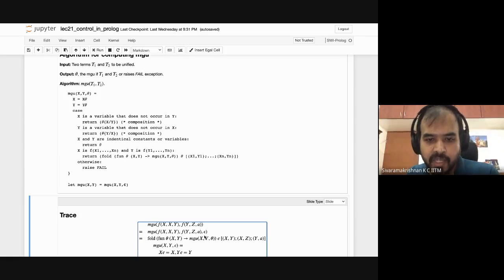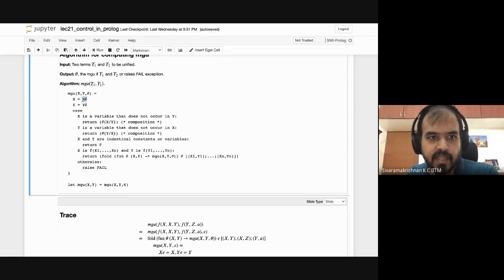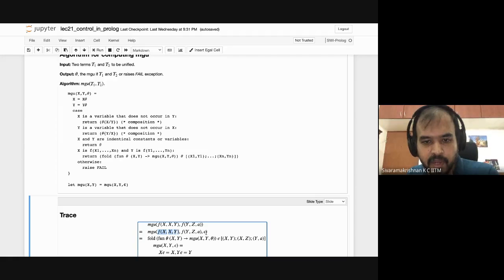So we are applying the substitution. So what I'm doing here is x theta, right? And what it is here is applying epsilon on this term first, and applying epsilon on the second term. Of course, epsilon is an empty substitution, right? So it's not going to have any influence.